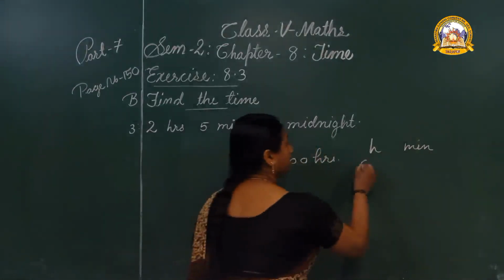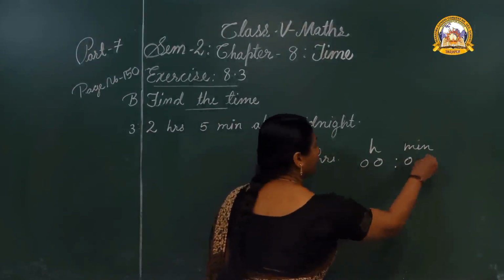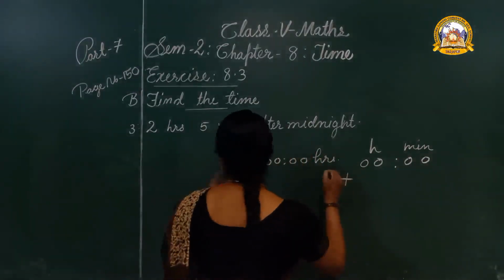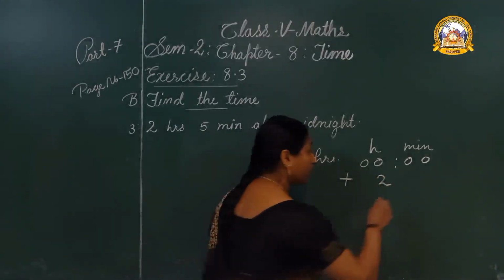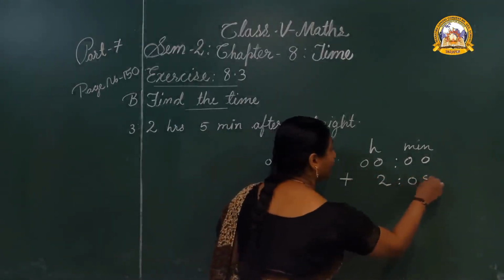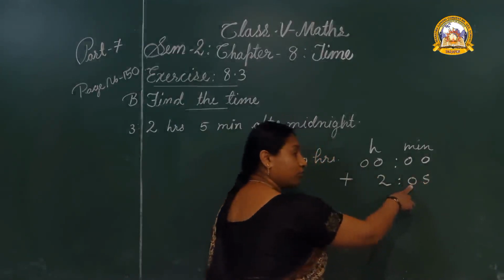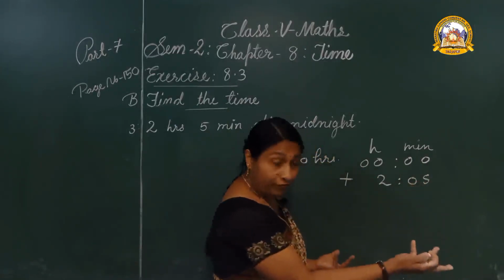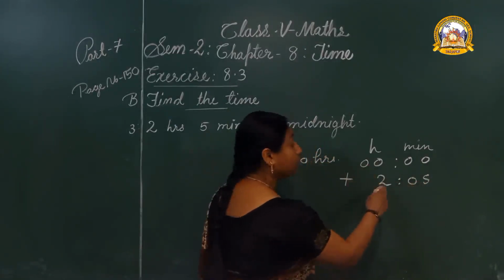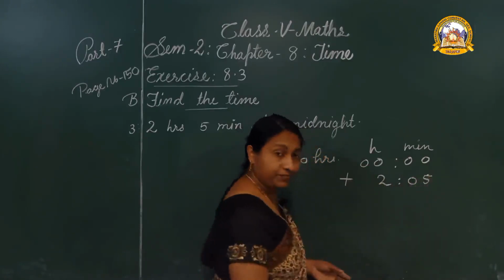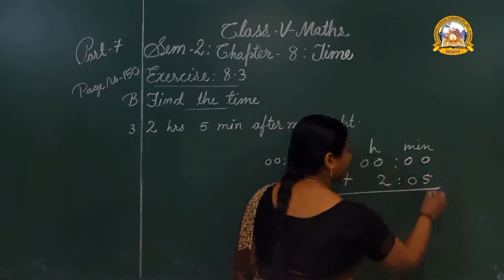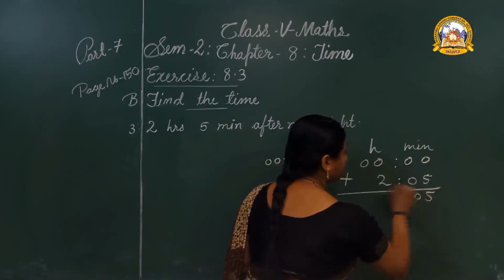Okay, first 00:00 plus 2 hours 5 minutes. How can we write? 05. Can we write this 5 here? No. That will become 50. So we have to write 2 hours 5 minutes like this. Okay, 05. Now let us add 5 plus 0, 5. 0 plus 0, 0.